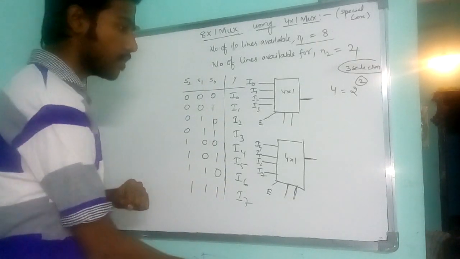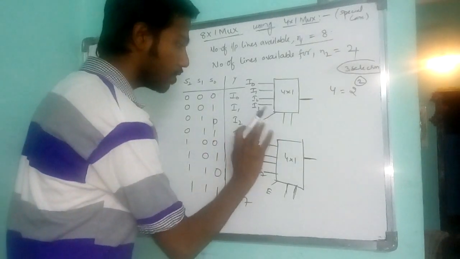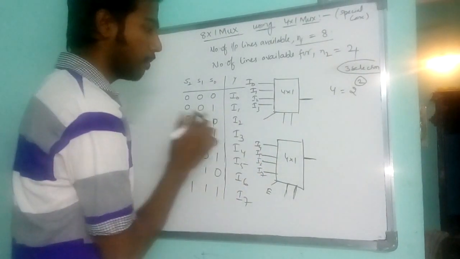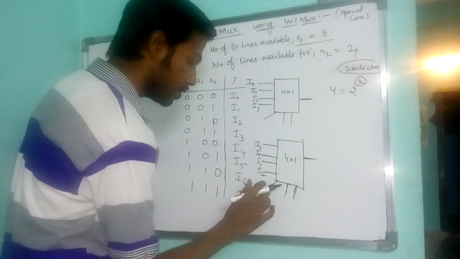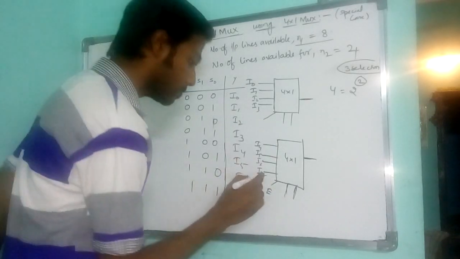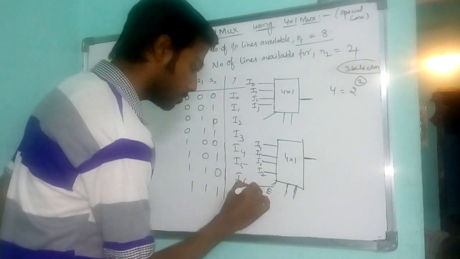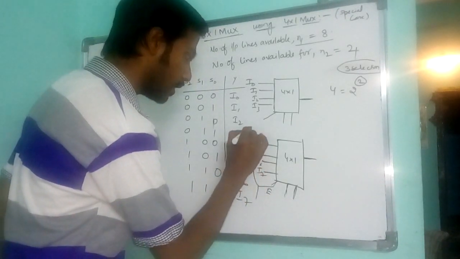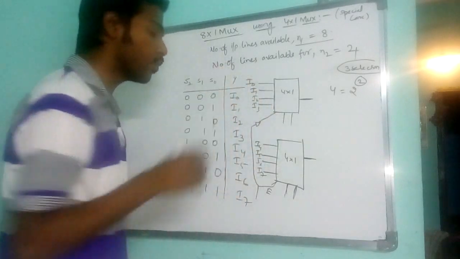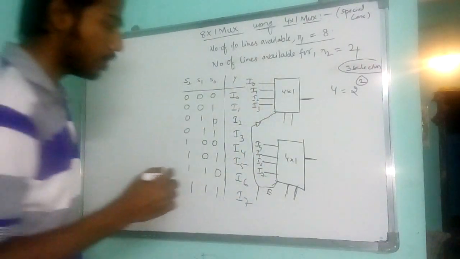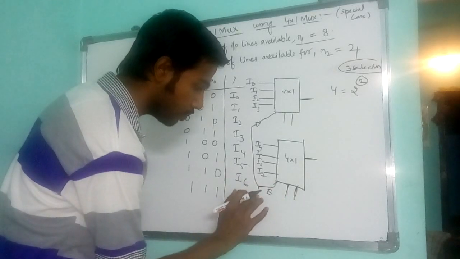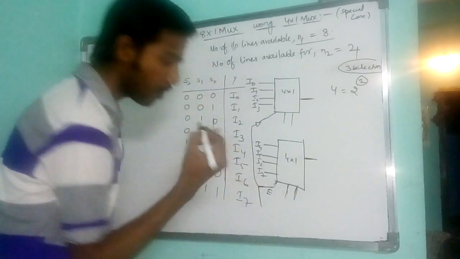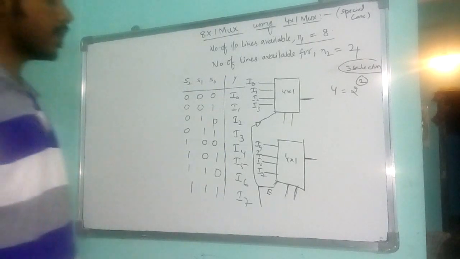Now consider this enable pin. What I will do is I will give the complement of the enable pin to the upper one, and I provide this enable pin to one of the selection lines.